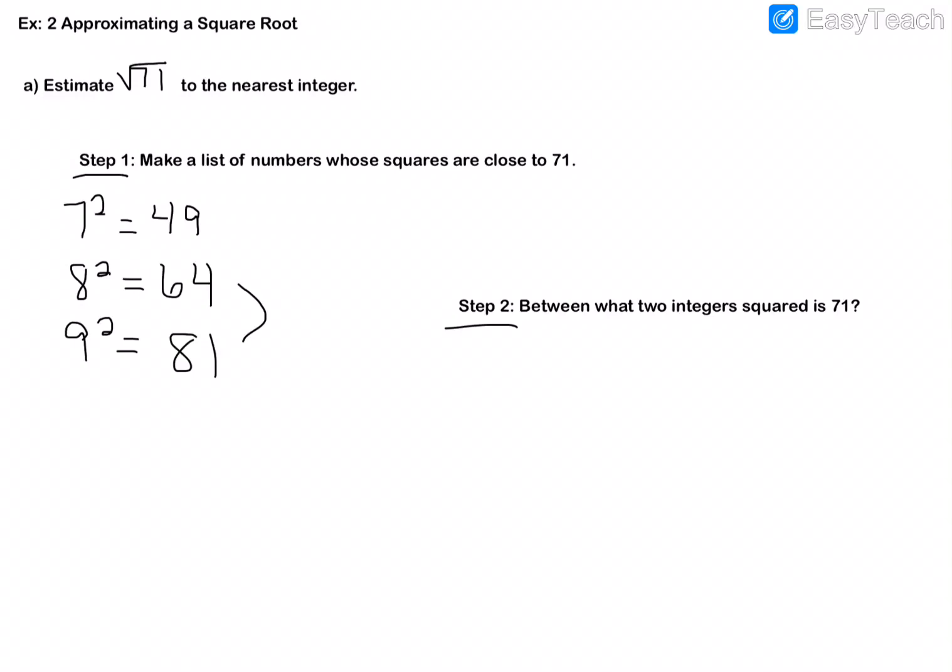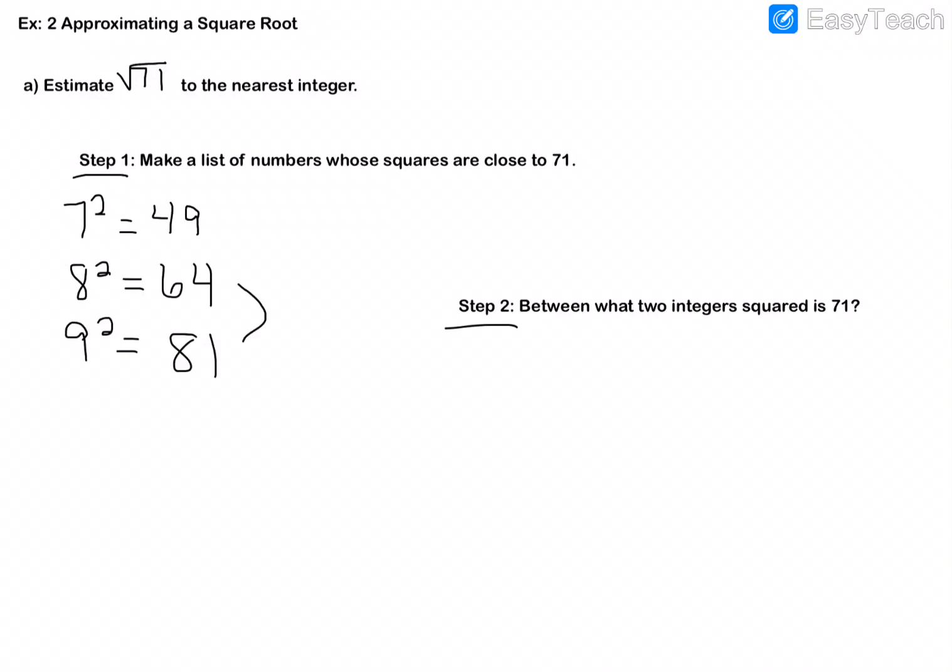So the next question you have to ask yourself is, is 71 closer to 64, or is it closer to 81? Okay, well, 71 is 7 away from 64. I just took 71 minus 64, and I get 7. It's 7 away.